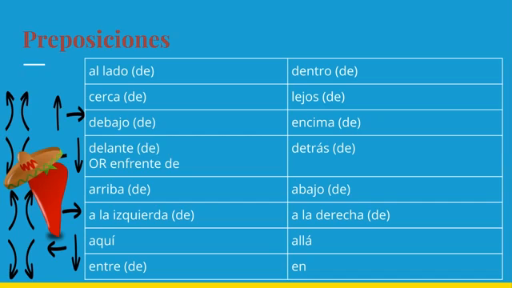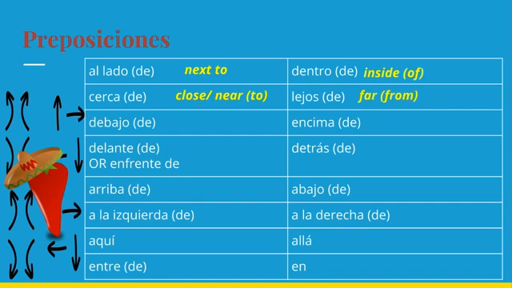If not, that's okay. So the first one we have al lado de, which is next to, and then dentro de, which is inside. And then for the rest of these, I'd like you to notice that for most of them, they're going to be opposites. So cerca de is close to or near to. Alternatively, lejos de on the right is going to be far from.